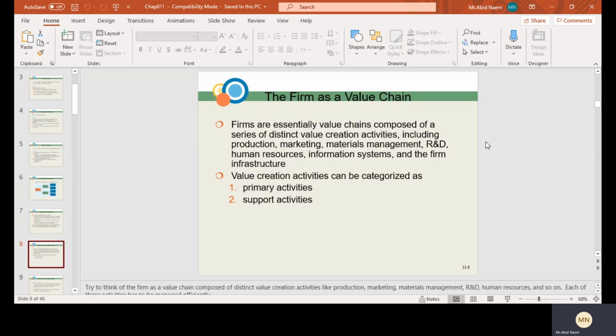Combining these distinctive value creation activities translates into value creation in the firm. Value creation activities can be categorized into two sets: one is primary activities, and the second is support activities.